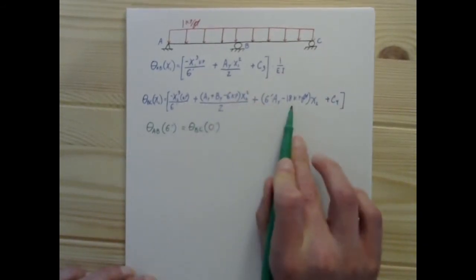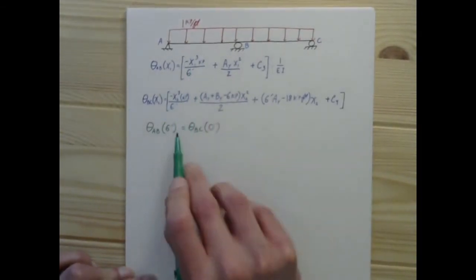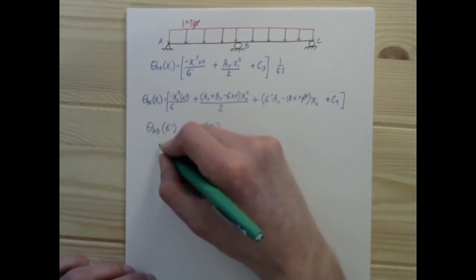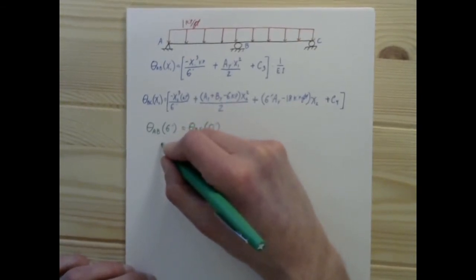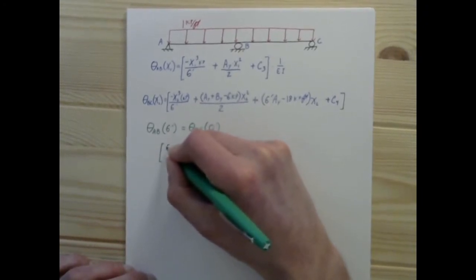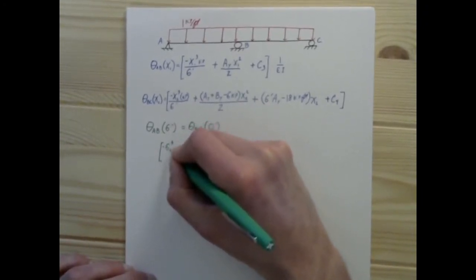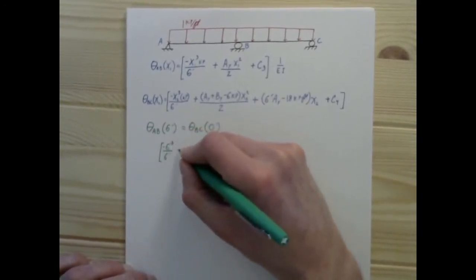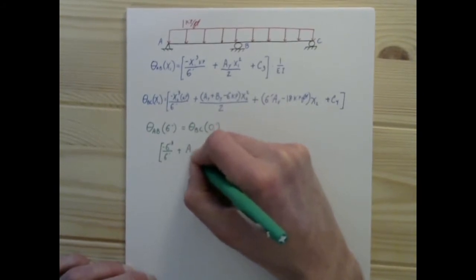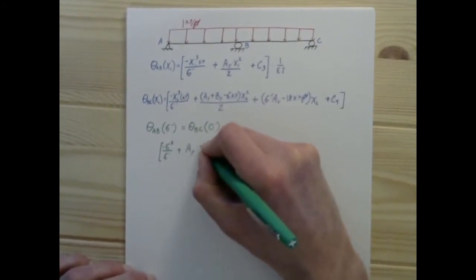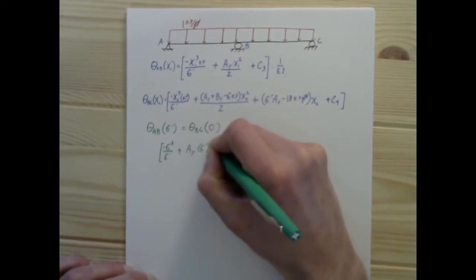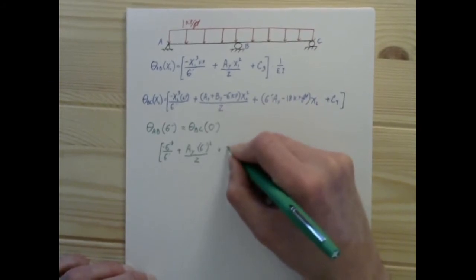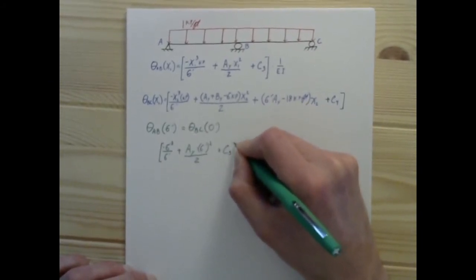This is a pretty ugly equation. So when we plug 6 feet in for here, we're going to end up with negative 6 feet cubed over 6 feet plus AY times 6 feet squared over 2 plus some constant of integration C3.